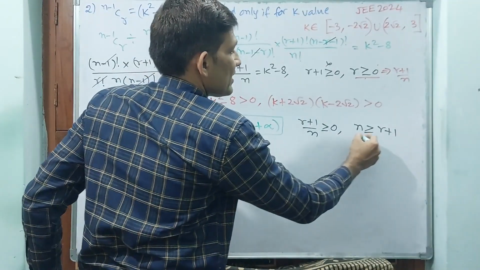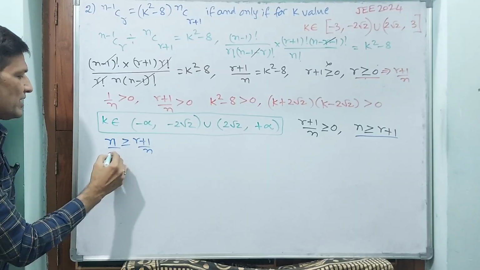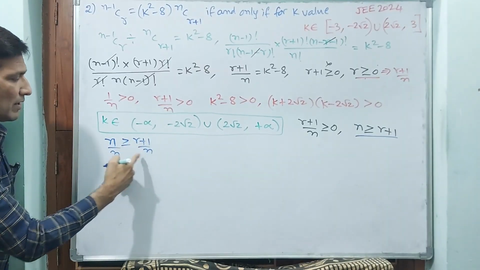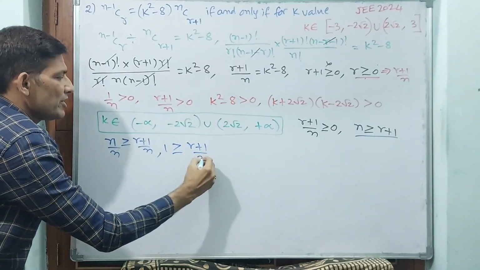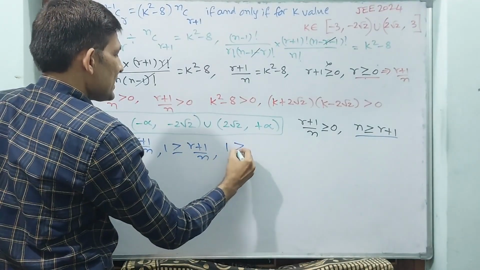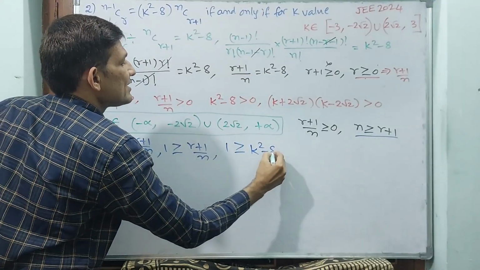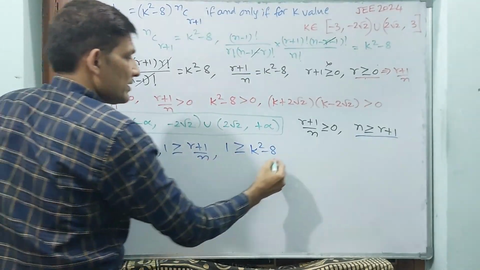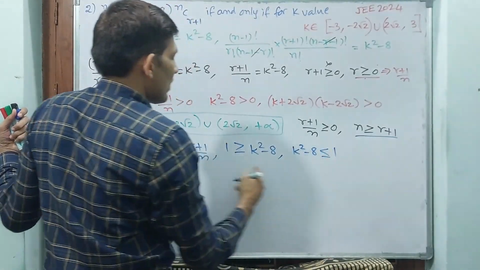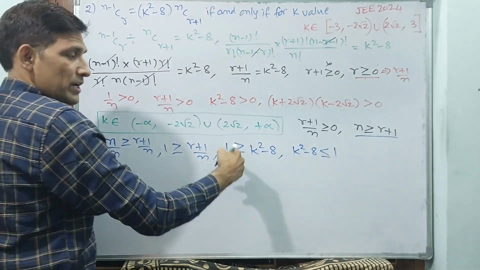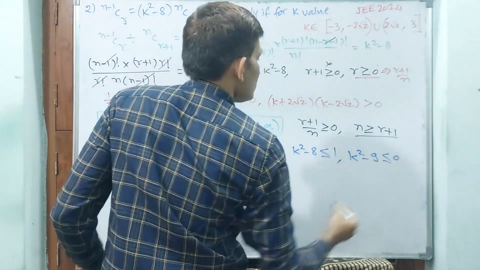This is very important. Divided by n both sides, that means n by n, (r plus 1) by n. n by n is 1. 1 is greater than or equal to (r plus 1) by n, which is your k square minus 8. This is very important. Then see, k square minus 8 is less than or equal to 1. Okay. Then k square minus 9 is less than or equal to 0.